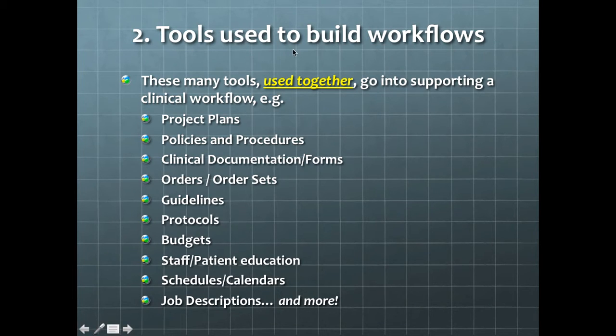So these tools that are used to build workflows, they're used together, and together they go into supporting a clinical workflow. You can almost think of it as raising the poles underneath a tent. And those tools, again, include things like project plans, policies and procedures, clinical documentation and forms, orders and order sets, guidelines, protocols, budgets, and more.